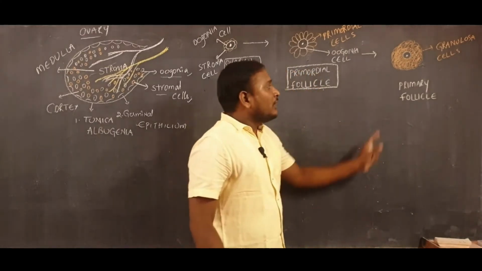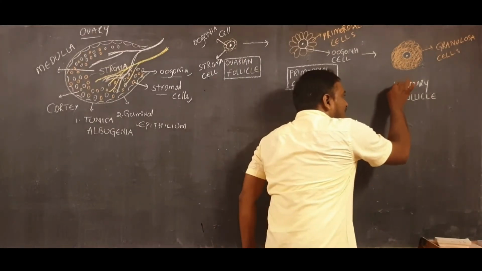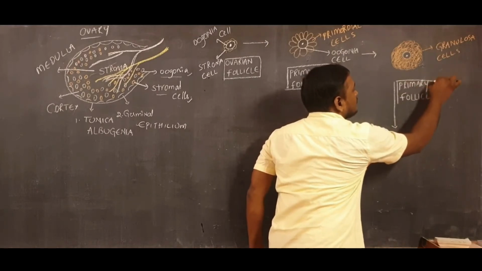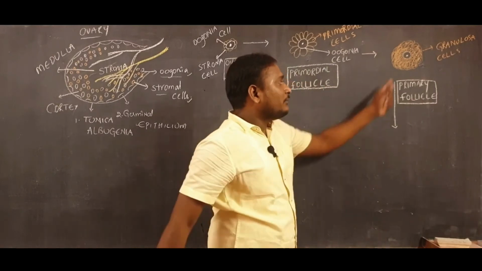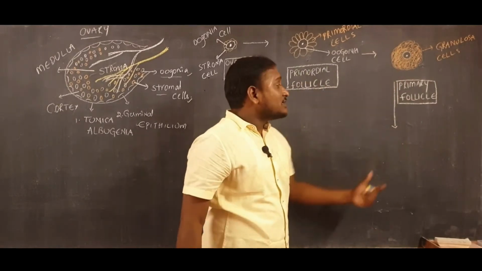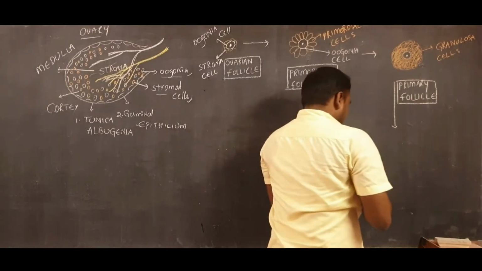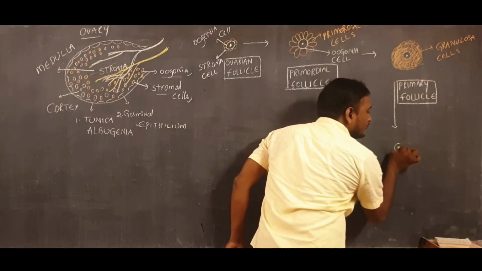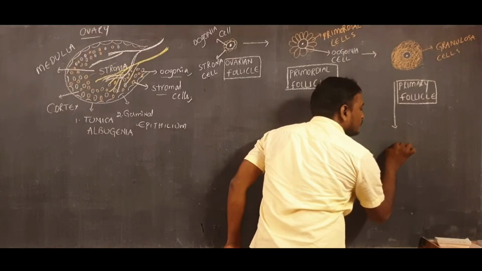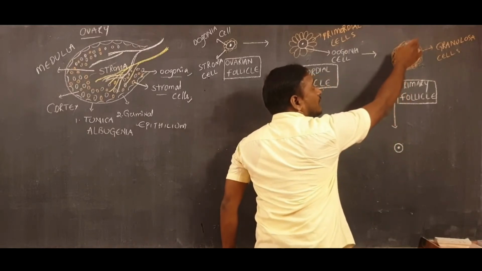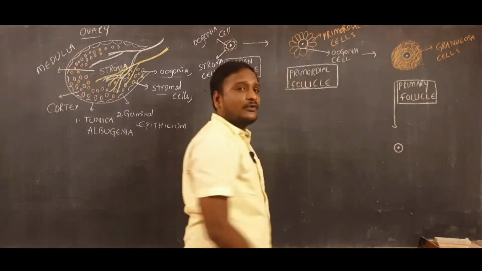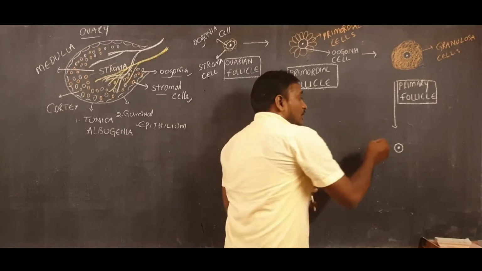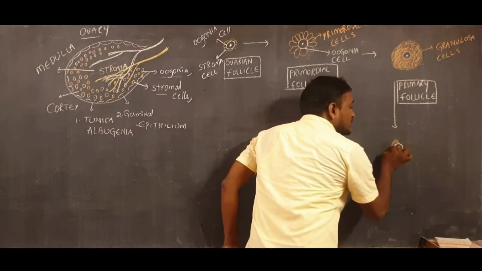Primary follicle. Then primary follicle develops into secondary follicle. In this case, this oogonia cell or primary oocyte or female gamete is the same. And in this case, surrounding cells are called granulosa cells.